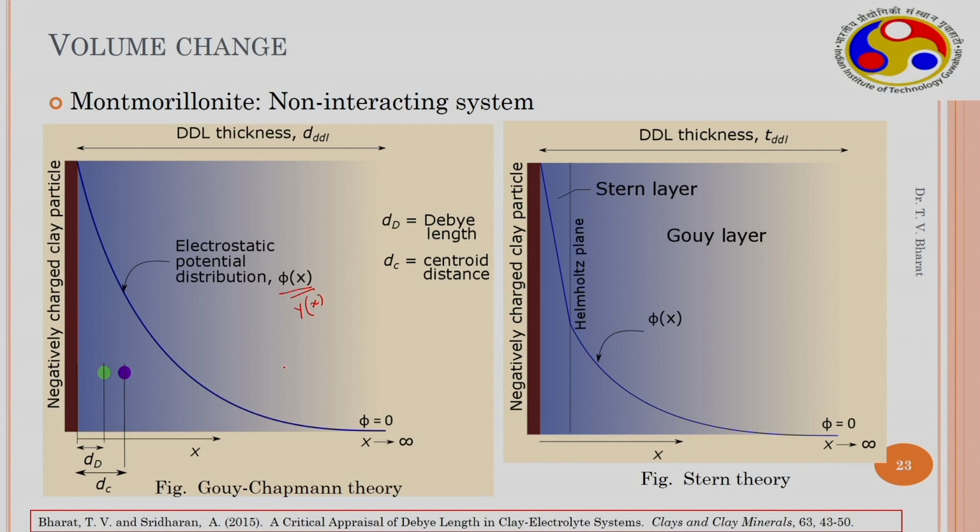There are several theories on whether the electrostatic potential distribution happens in this manner, or there is a linear variation up to a certain distance and after that it has a Boltzmann distribution. One theory, Gouy-Chapman theory, assumes that there is a Boltzmann distribution around individual clay particles, and this is how the distribution is. And in Stern theory, there is a Stern layer of thickness equivalent to the hydrated exchangeable cationic size, and beyond that the distribution is similar to the Gouy-Chapman theory.